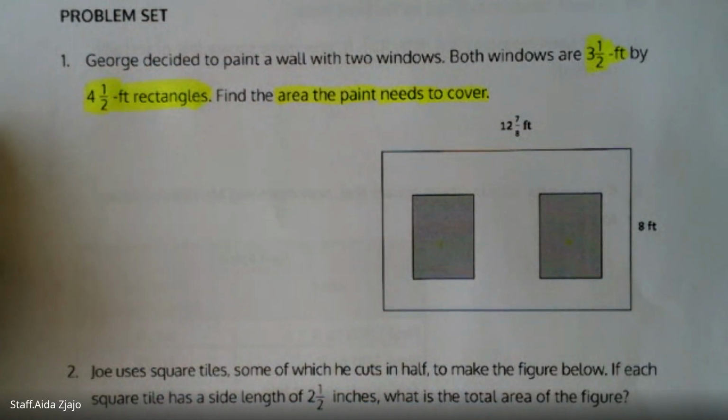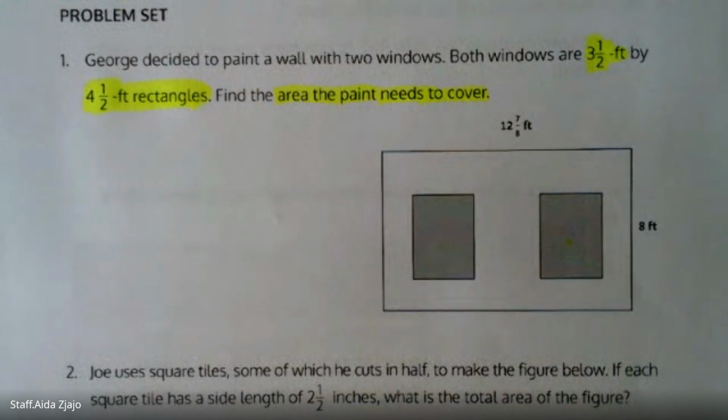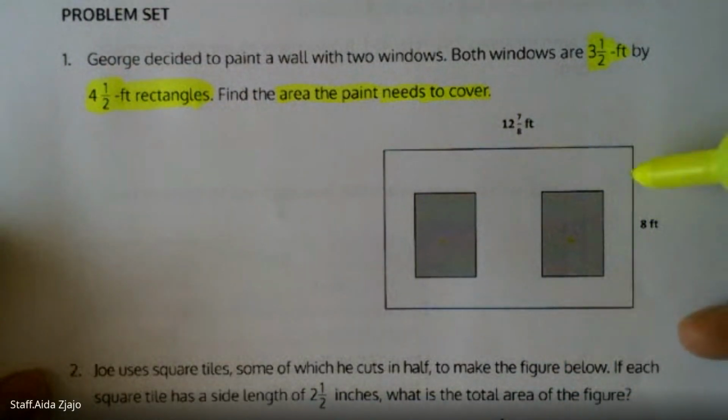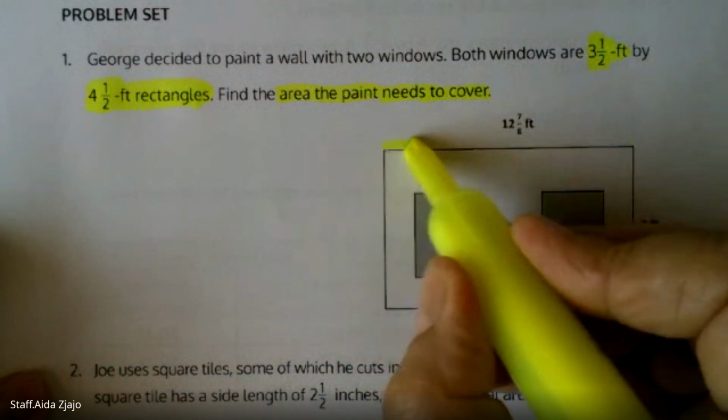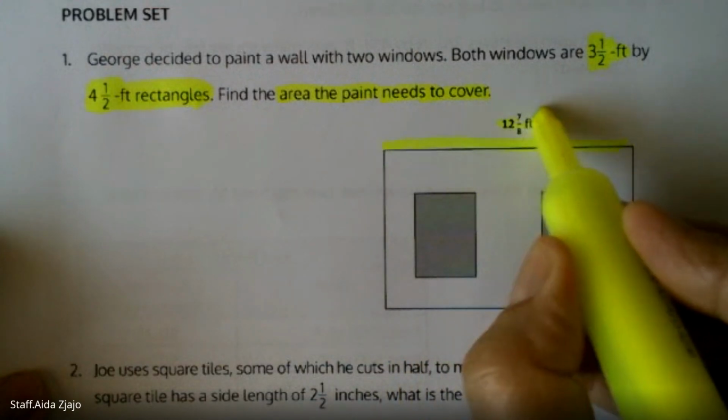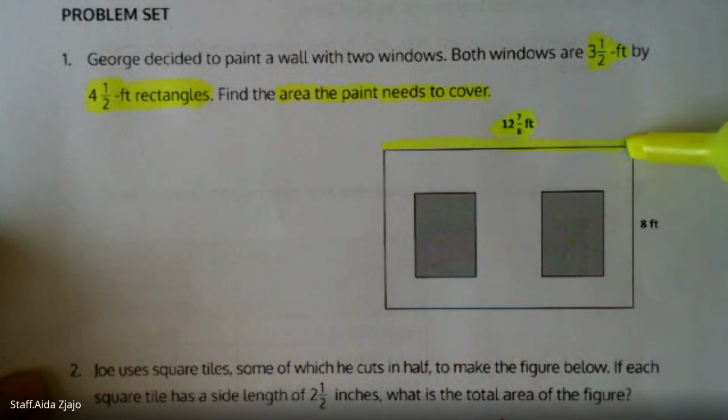Okay, let's start. The total area of the wall: the length is 12 and 7/8, and the width is 8 feet.